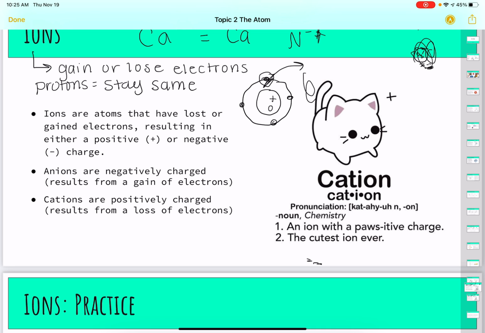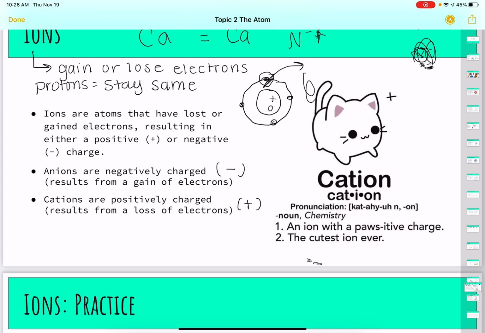The point of this all is that ions can be positive or negative. The ones that are negative, those are called anions. And the ones that are positive, those are called cations. This little meme on the side here says cation, an anion that is positive in charge.